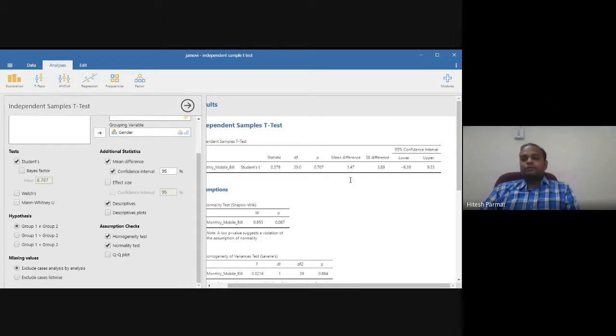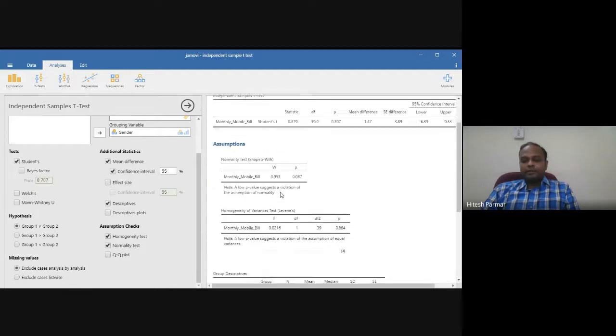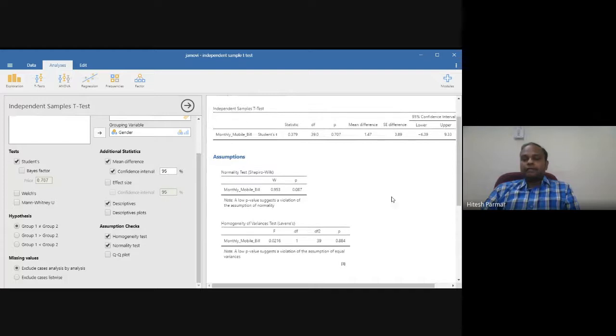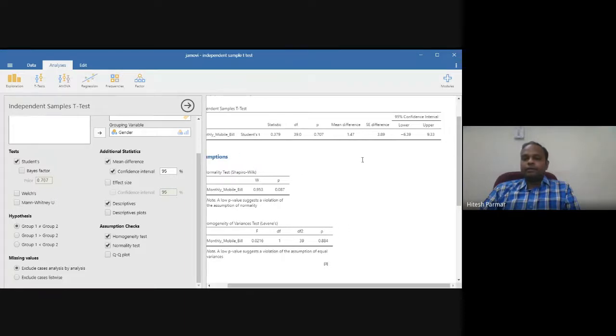Now suppose the second time we conduct the same experiment from the same population and collect the same number of respondents, maybe 41, then definitely we will not get the same mean difference. It will be something different, right? Exactly 1.47 we will not get. The third time also, we will get some different mean difference.